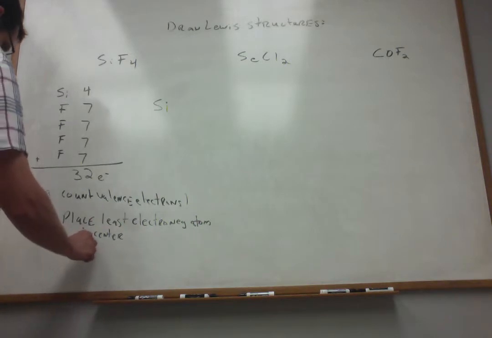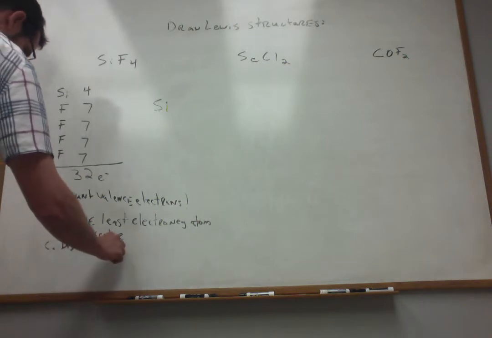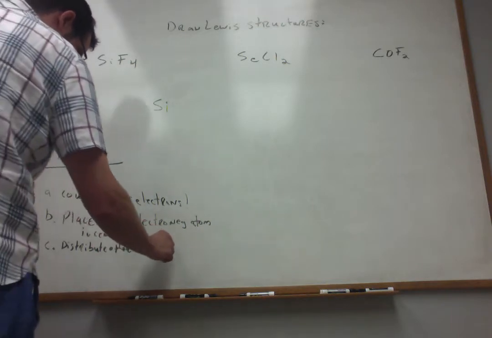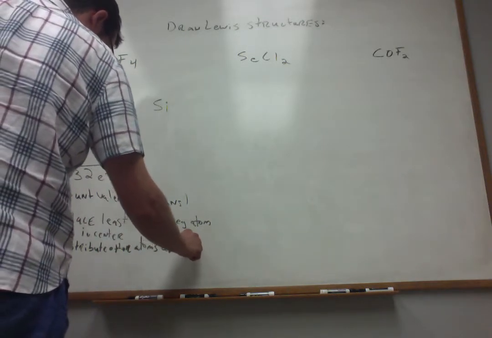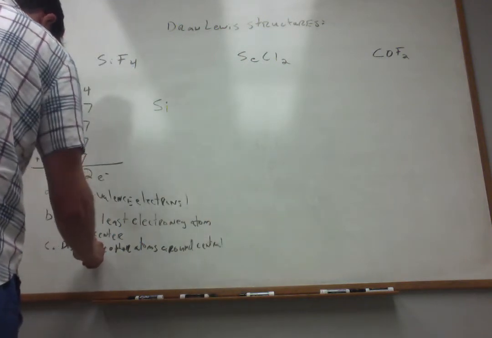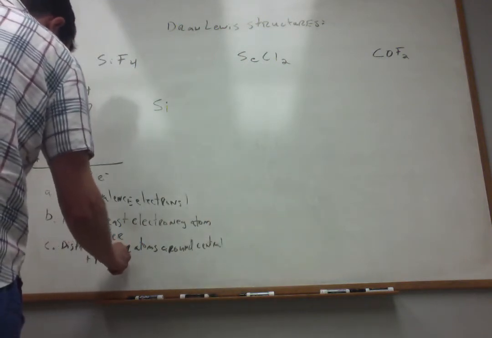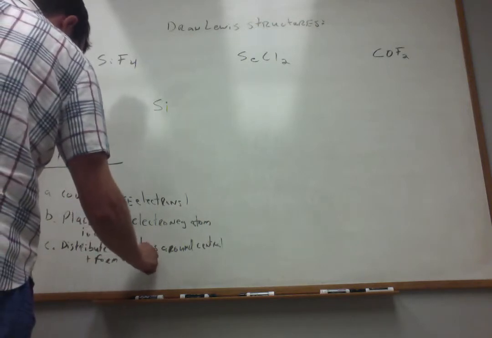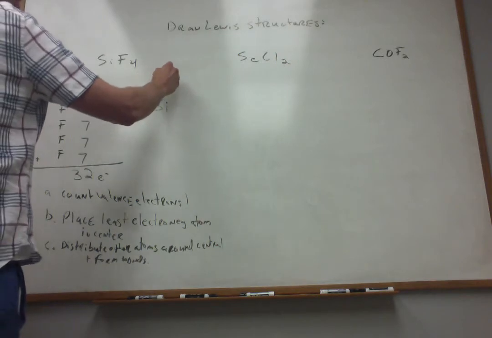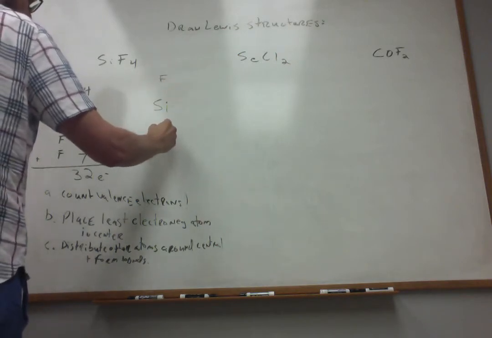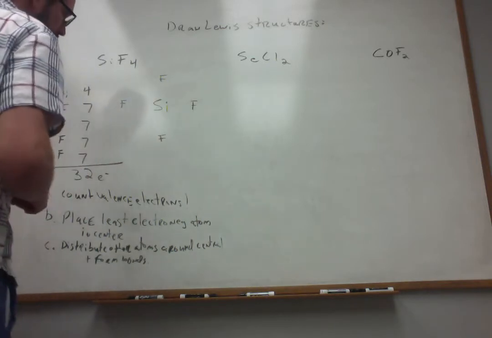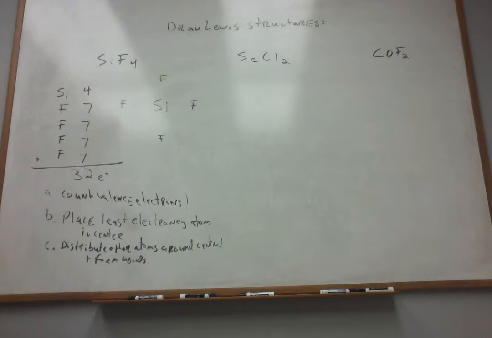Distribute other atoms around the central atom. Form single bonds. So after you figure out what the least electronegative atom is, you put that in the center, and then you distribute the other atoms around the central atom, sort of symmetrically, okay?